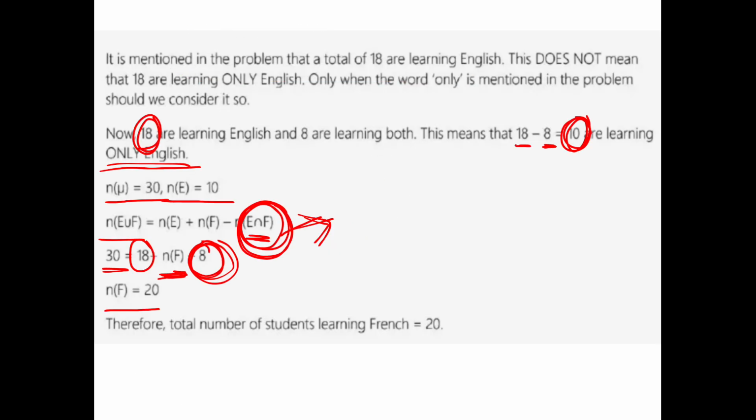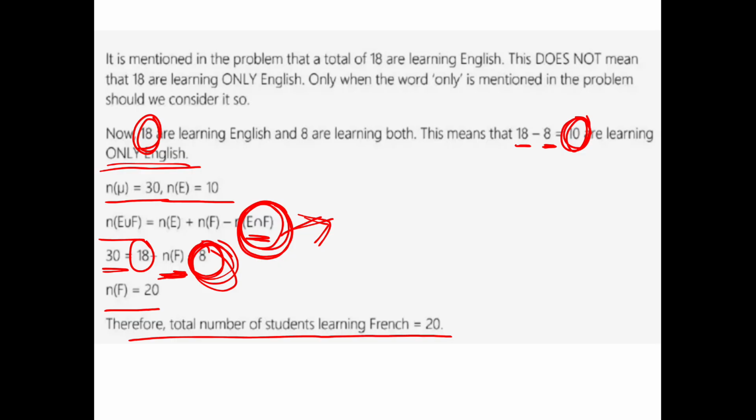So, 30 is equal to 18 plus NF minus 8. If we do the transposition method, we get NF equal to 20. Therefore, the total number of students learning French is 20.